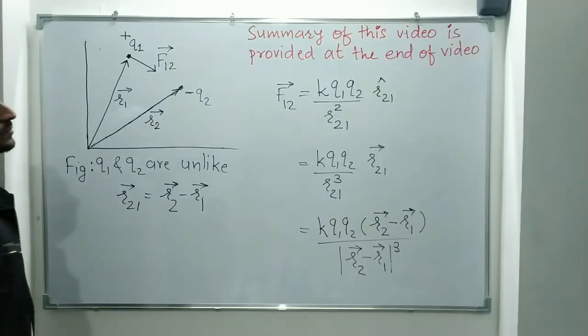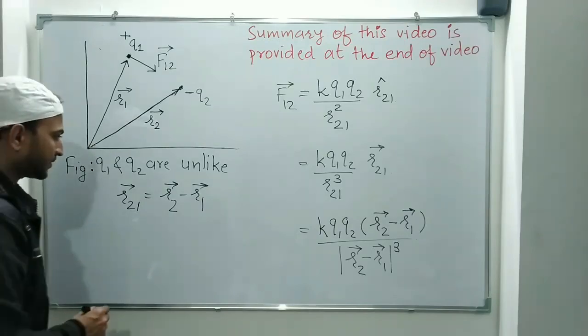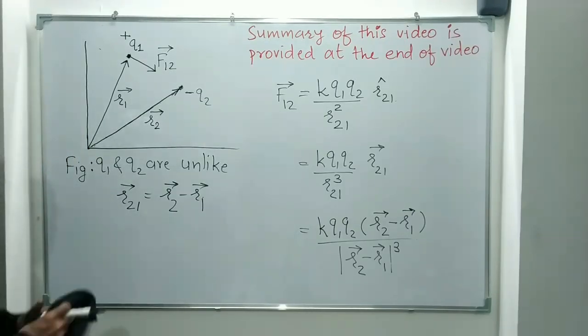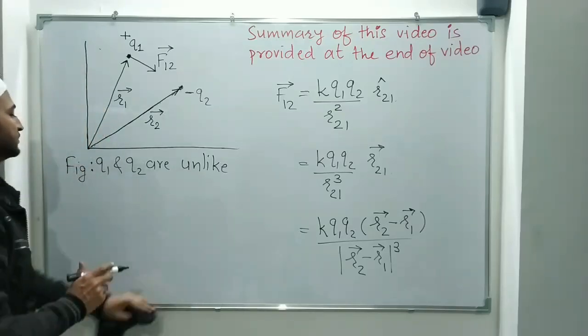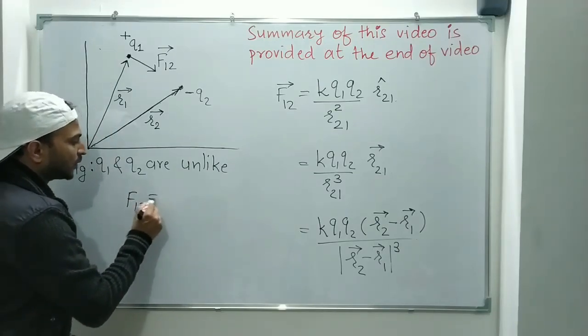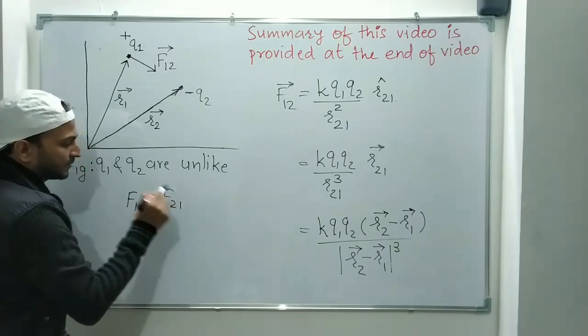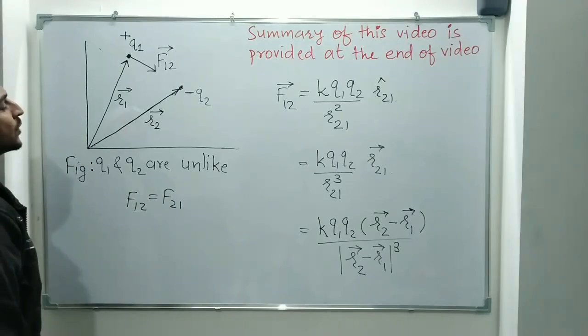One more important thing is that in these cases, F12 is equal to F21. The force on 1 due to 2 is equal to the force on 2 due to 1.